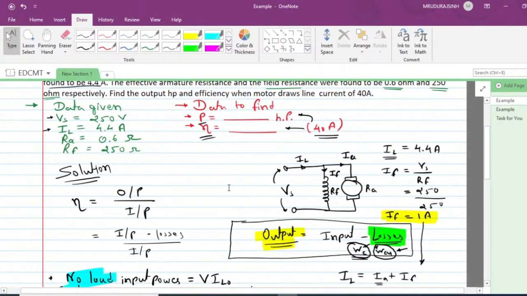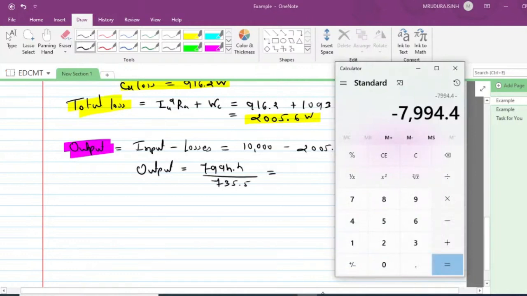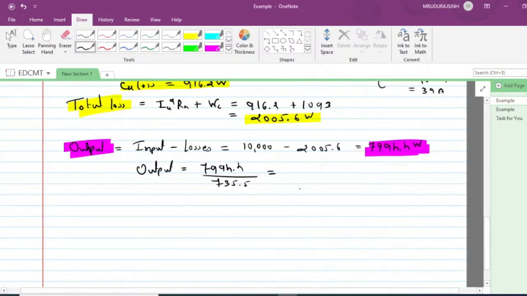So now we are going to convert this output in HP. 7994.4 divided by 735.5, sorry, it's not divided. 7994.4 divided by 735.5, that is 10.869, so 10.87 HP.